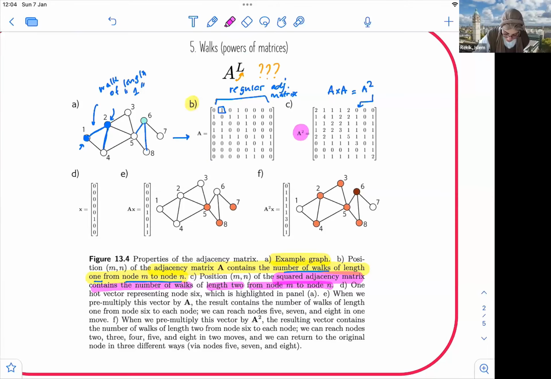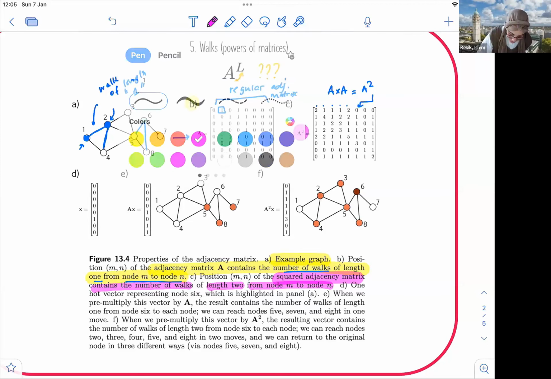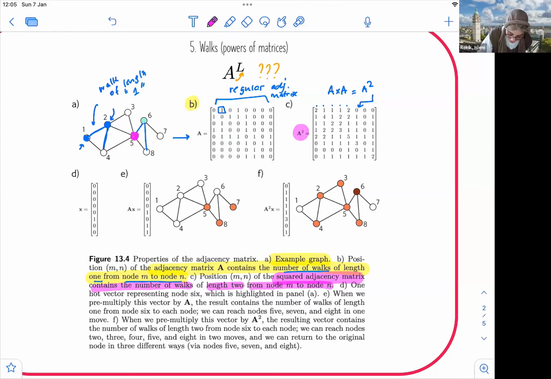So for example, we have nodes 1, 2, 3, 4, 5. You take node 5, and then node 1.